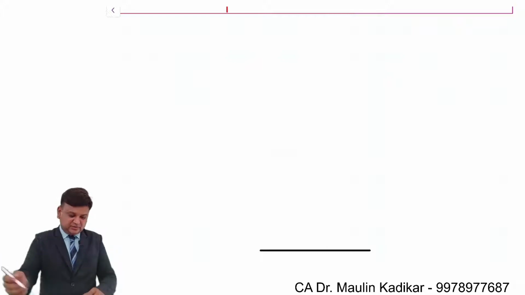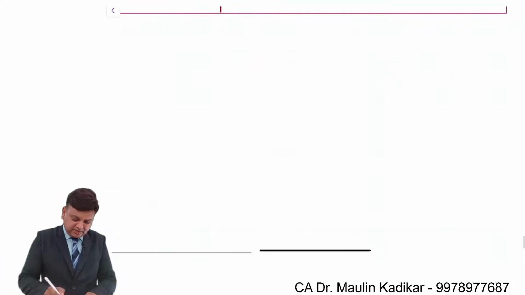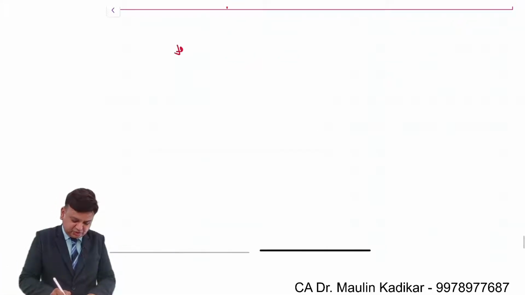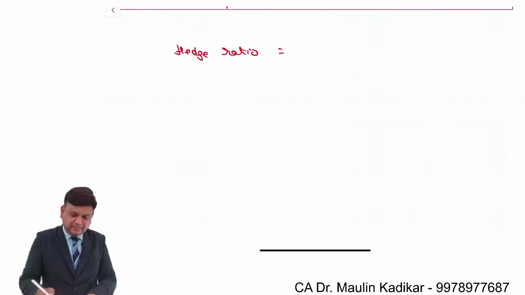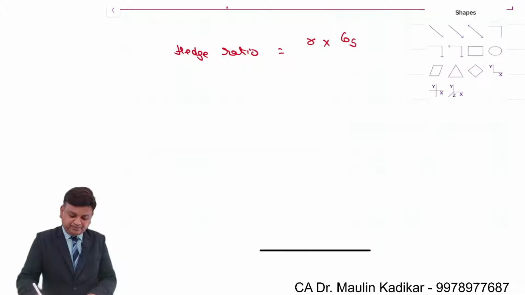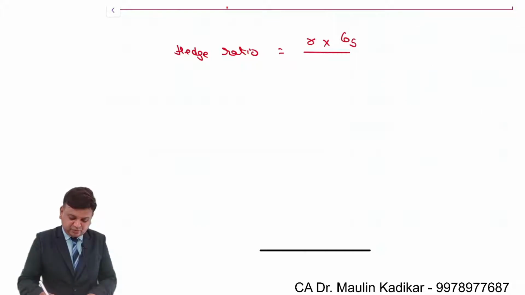Let us see the answer of the question, friends. Over here, we are required to make the computation of the hedge ratio by using the formula R correlation coefficient into standard deviation of spot divided by standard deviation of futures.